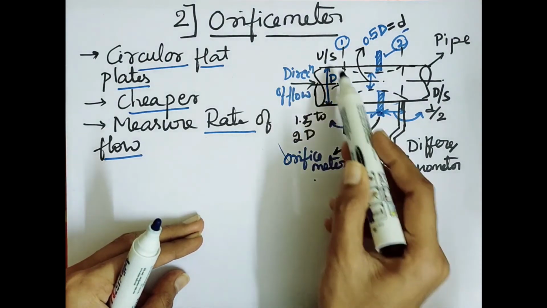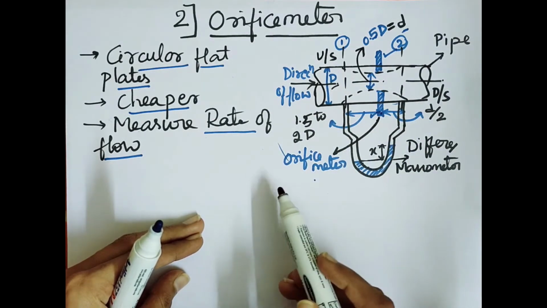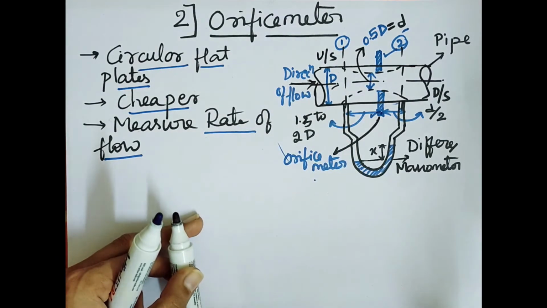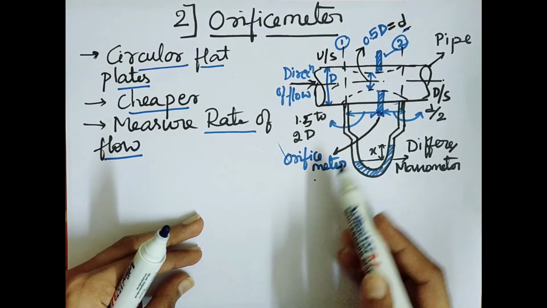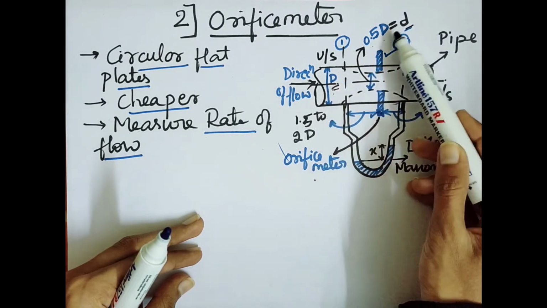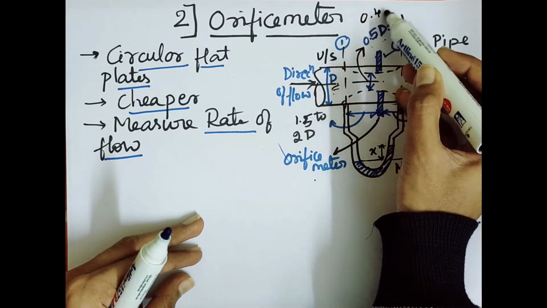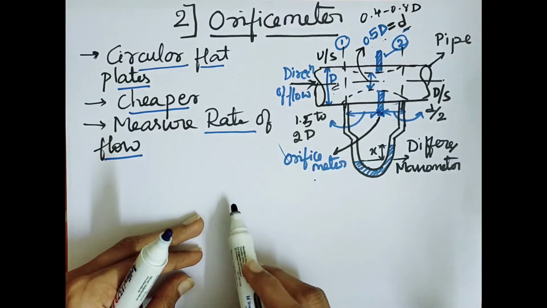This is the upstream and this is the downstream of the orifice meter, and this is the direction of flow in the pipe. The diameter of the orifice, small d, is usually 0.5 times the diameter of the pipe. It may vary between 0.4 to 0.8 times the diameter of the pipe.